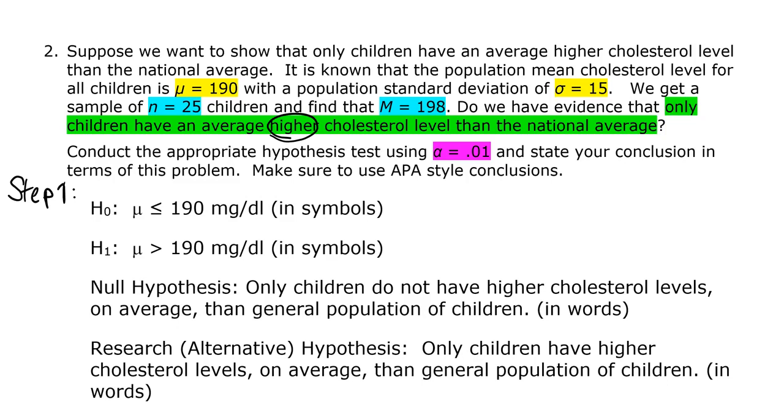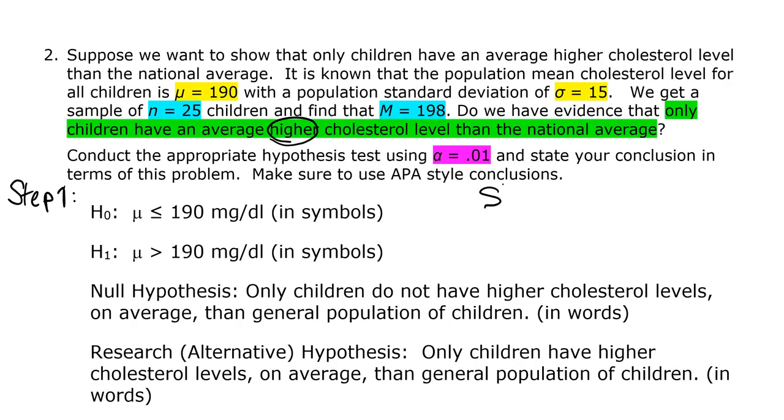The research or alternative hypothesis is stated as mu greater than 190 mg/dL. The null hypothesis in words is: only children do not have higher cholesterol levels on average than the general population of children. The research alternative hypothesis states: only children have higher cholesterol levels on average than the general population of children.